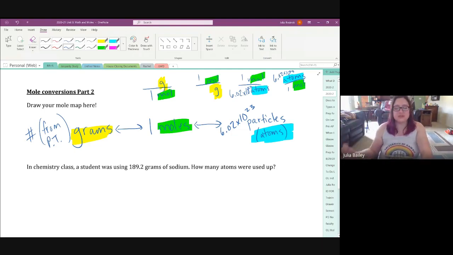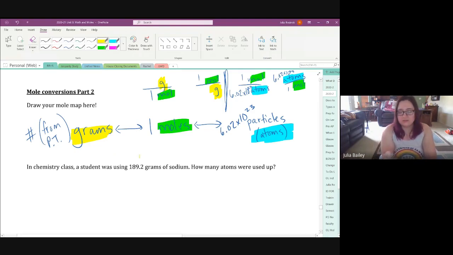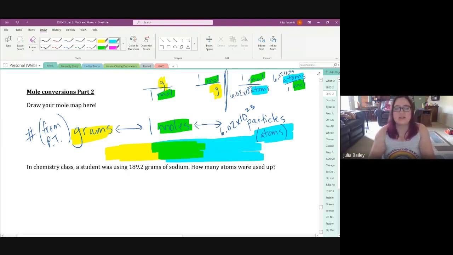Again, the reason we use this color coding is to help us remember that grams can go with moles and atoms can go with moles, but atoms and grams can never go together. Just like if you ever tried to combine yellow and blue, it wouldn't work, because anywhere you try to stick yellow and blue together, you get green.